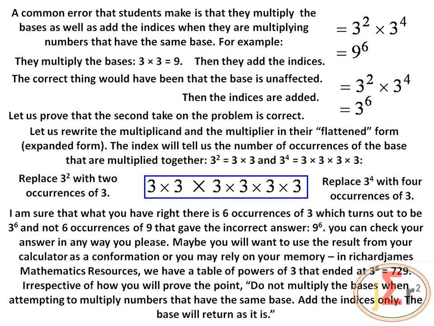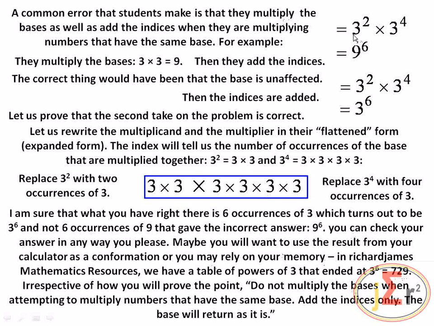Irrespective of how you will prove the point, do not multiply the bases when attempting to multiply numbers that have the same base. Add the indices only. The base will return as it is, as we have it right here. So we may make use of the fact that 3 to the power of 6 is equal to 729.